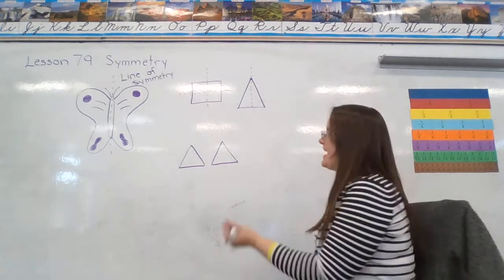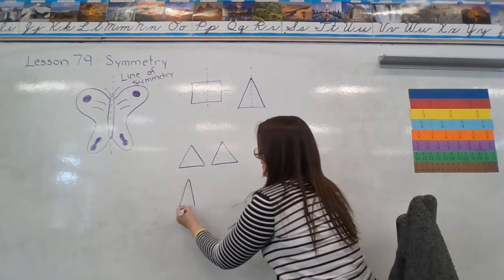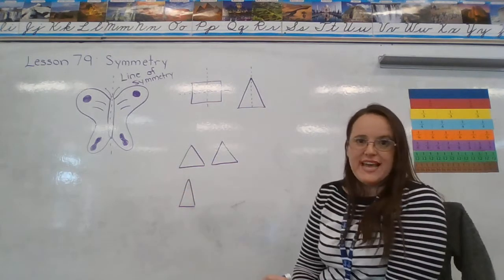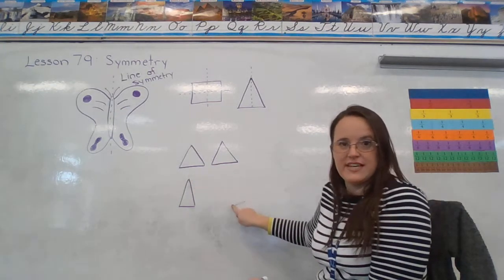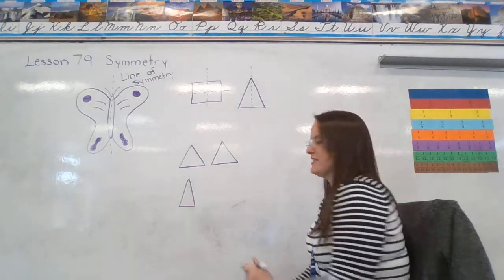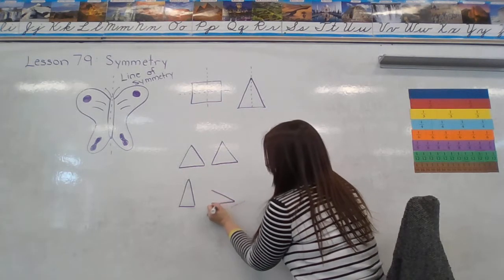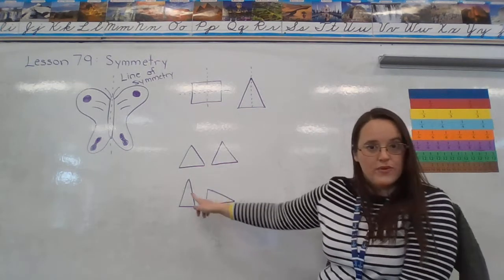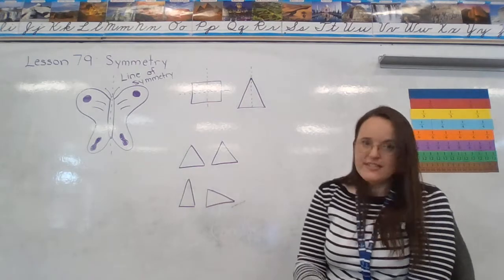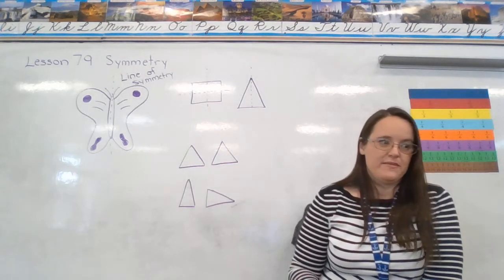What about an isosceles triangle, where 2 sides are the same length and 1 side isn't? If I take this point and move it down here, will it still look the same? No. So the isosceles triangle does not have rotational symmetry.